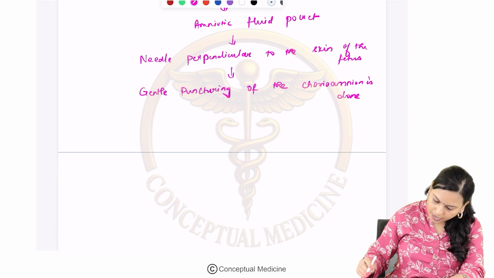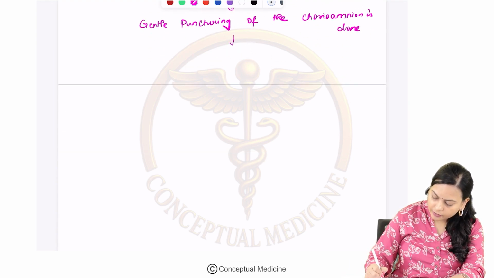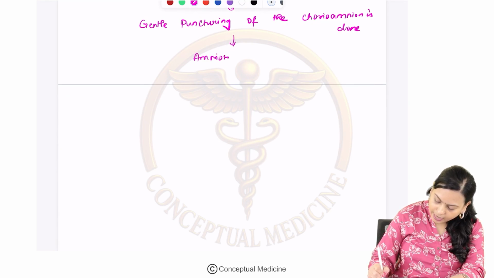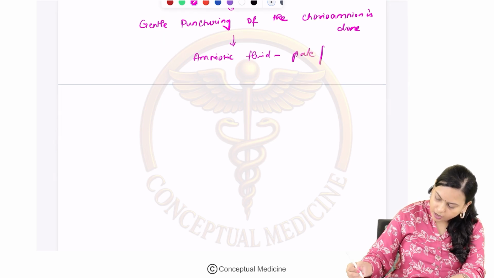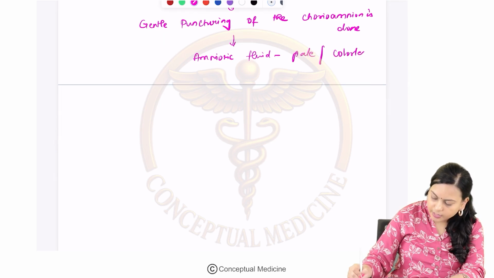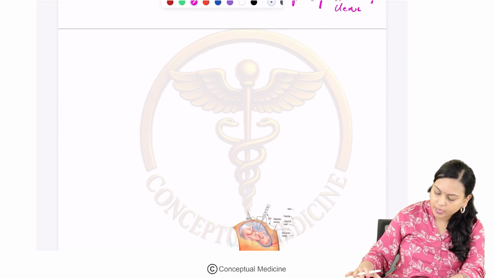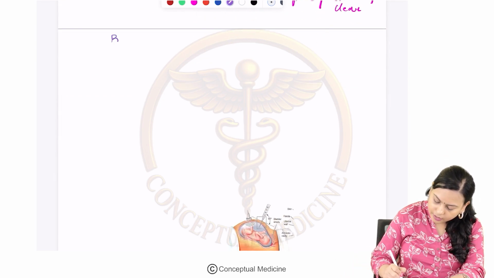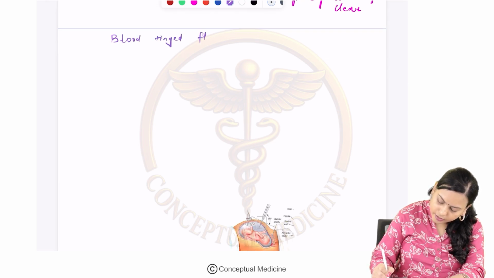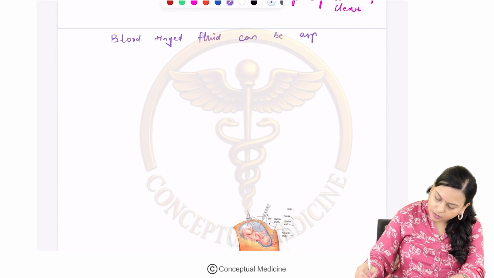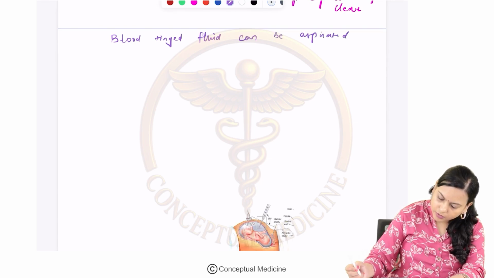Okay. After this, you have to check for the color of the fluid aspirated. Generally, amniotic fluid will be pale, or you can even say a colorless or a clear fluid. Okay. Sometimes even a blood tinged fluid can be aspirated. Okay.